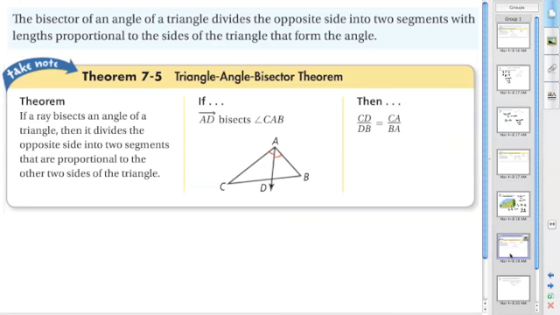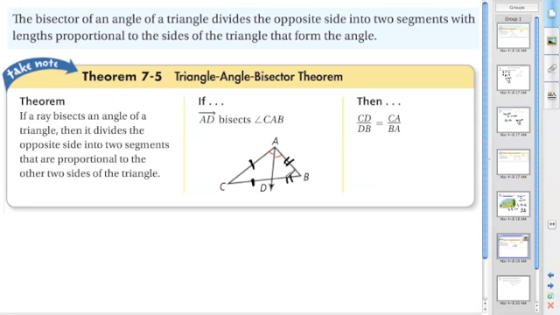Which leads us to the triangle angle bisector theorem, which says if you have an angle bisector, then the angle bisector, the segment divides the opposite sides into two segments that are going to be proportional to the two other sides. So we're comparing those two, AC and CD, to DB to AB.